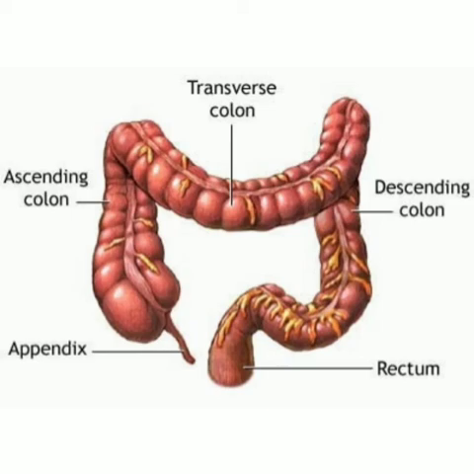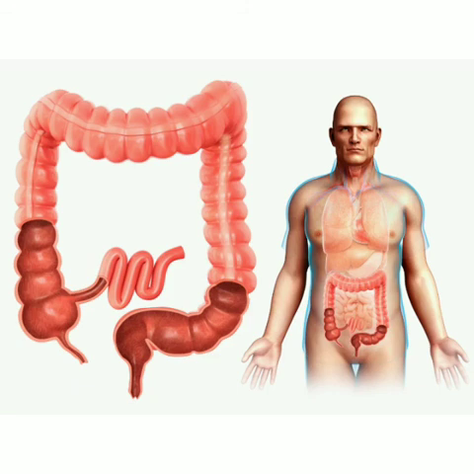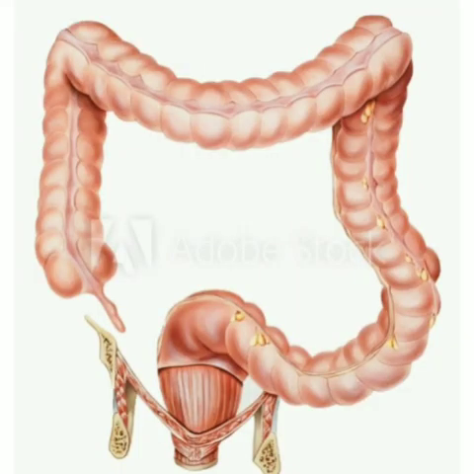The water present in the foodstuff will be absorbed by the large intestine, and in the region called the rectum the food will be stored. Is that clear? When the rectum is filled, the waste will be thrown out through the opening called the anus, and this process is called egestion.